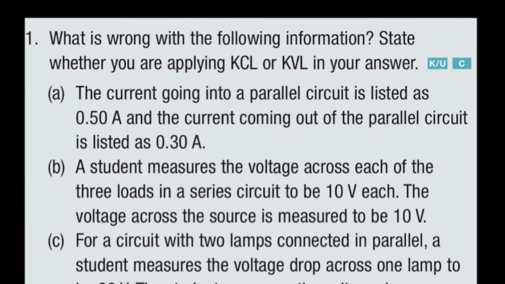So the first one is A. The current going into a parallel circuit is listed as 0.5 amps, and the current coming out of the parallel circuit is listed as 0.3 amps. So again, with this question, each of these statements there's something wrong, so we need to try to correct it.